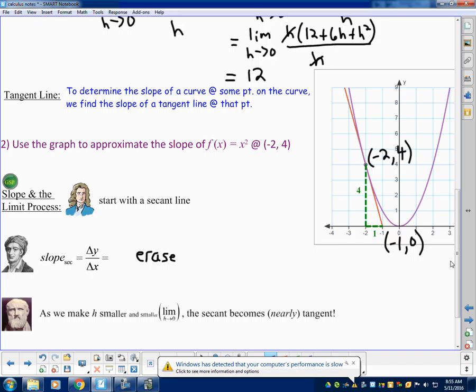But an approximation would be m equals, this is going back to algebra 1, y2 minus y1, so 4 minus 0 over negative 2 minus negative 1. And so I end up with an approximation of 4 over negative 1, or negative 4. Does that look like a pretty good approximation to the slope of that particular tangent line for y equals x squared? It's about negative 4. Not a bad approximation.